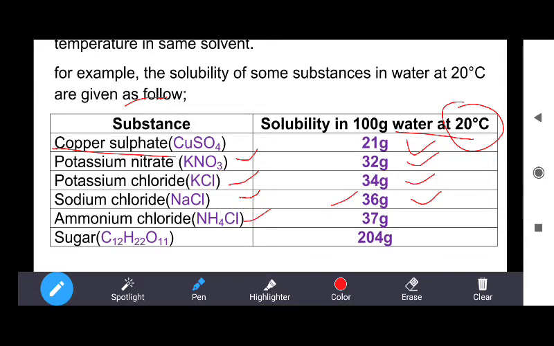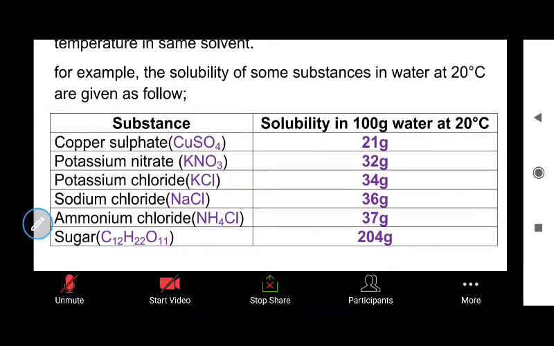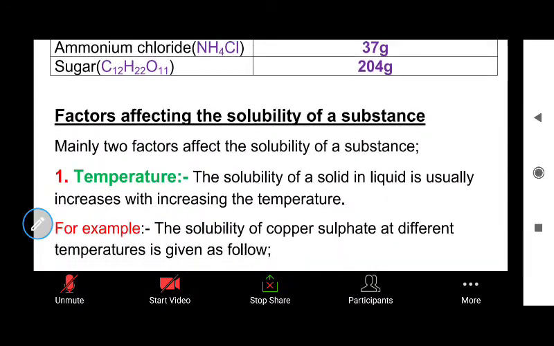The solubility of ammonium chloride is 37 gram and solubility of sugar is 204 gram. Means in 100 gram water you can dissolve 204 gram of sugar. Okay, so this is the solubility.